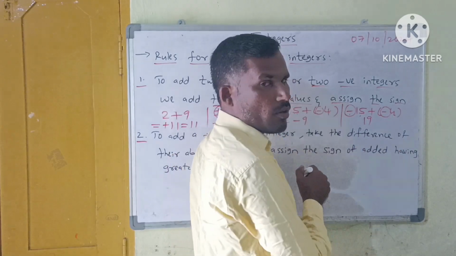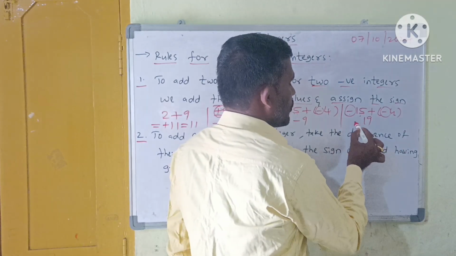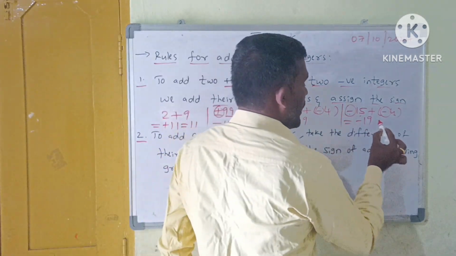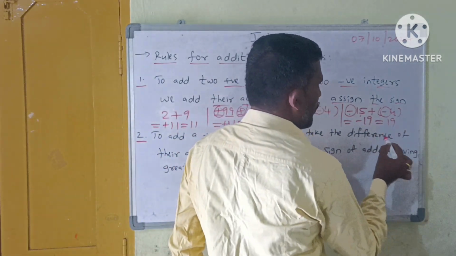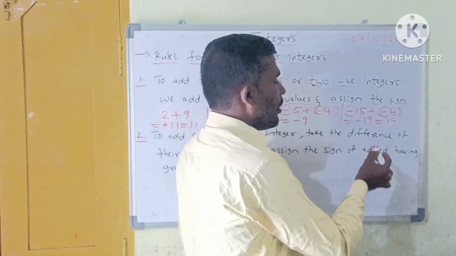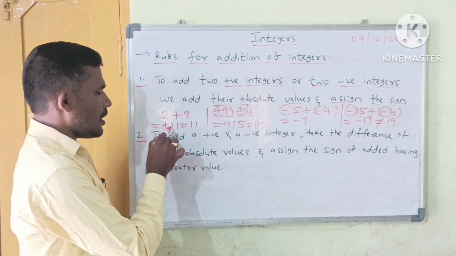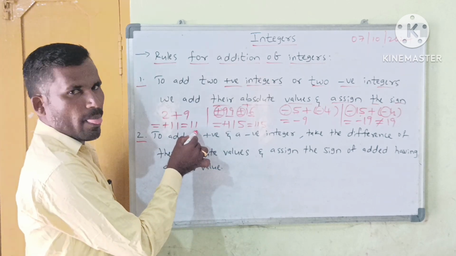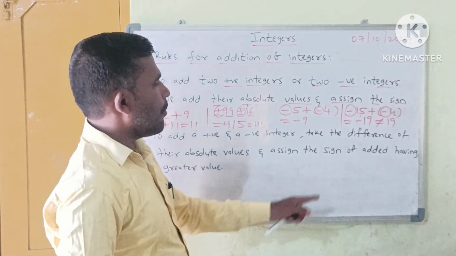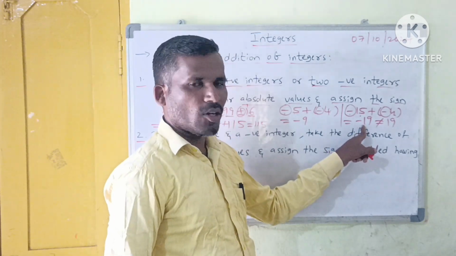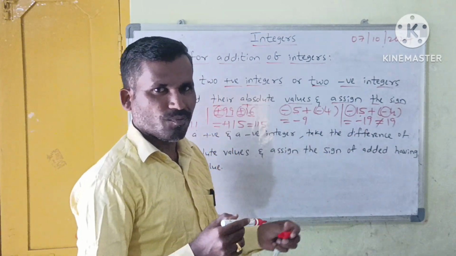Both have the minus sign, so just take minus 19. But don't take minus 19 as 19; they are different values. If you have positive, plus 11 can be written as 11 only. But minus 19 is not equal to 19. Minus 19 you have to take as minus 19.